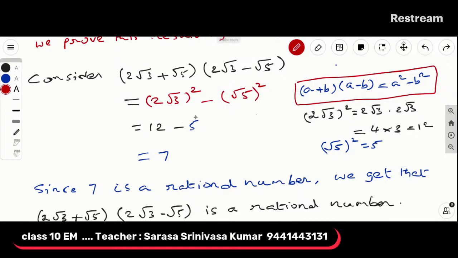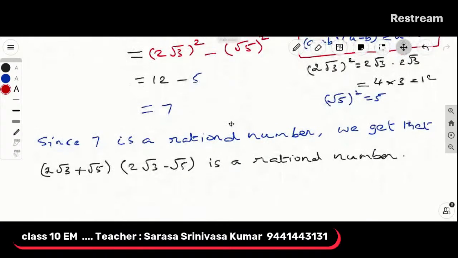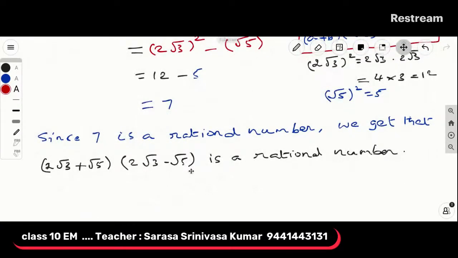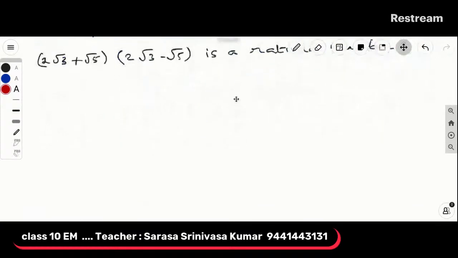After simplifying this, we get 7. 7 is a rational number because 7 can be written as 7 by 1. Since 7 is a rational number, the left hand side product is also a rational number. This is our justification. Now, let us consider the next problem.